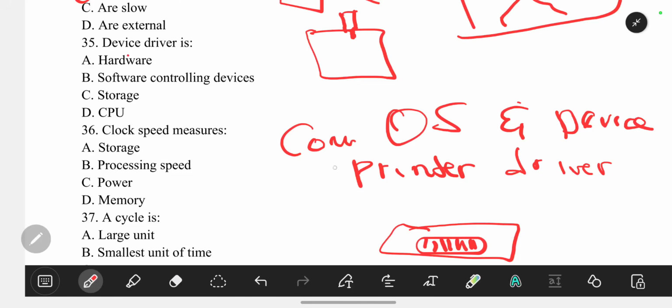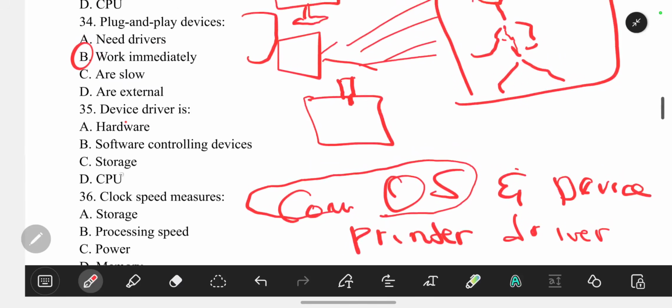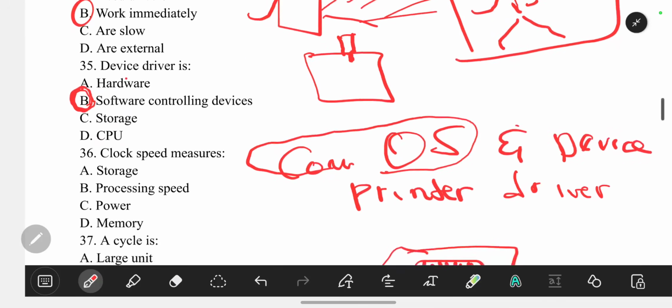That's why it helps in the communication between the operating system and the device of interest. Therefore it acts as a translator. Its function is that it acts as a software controlling device. Without its translations, there could be no action.